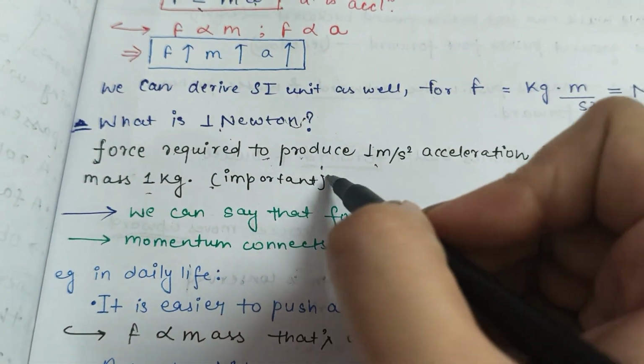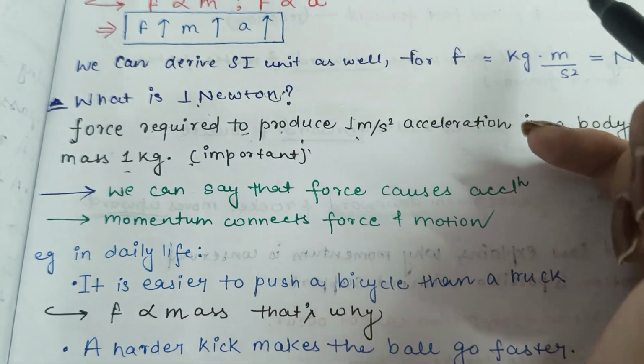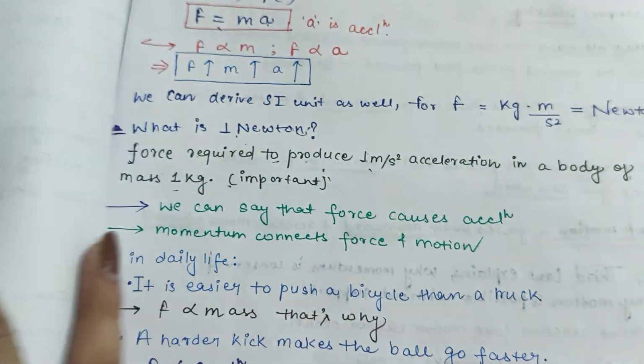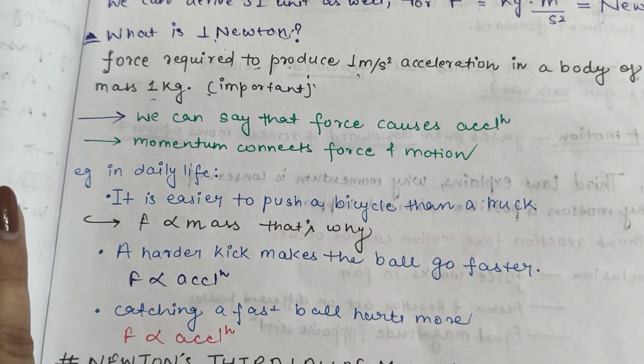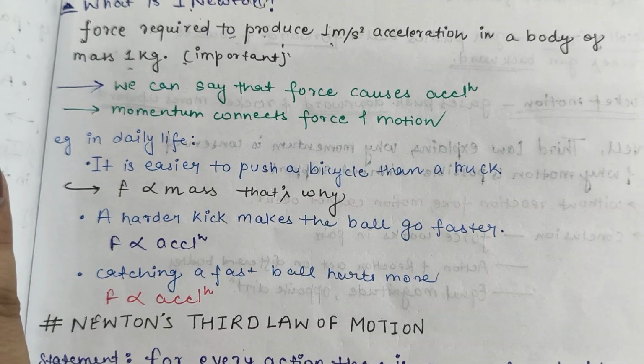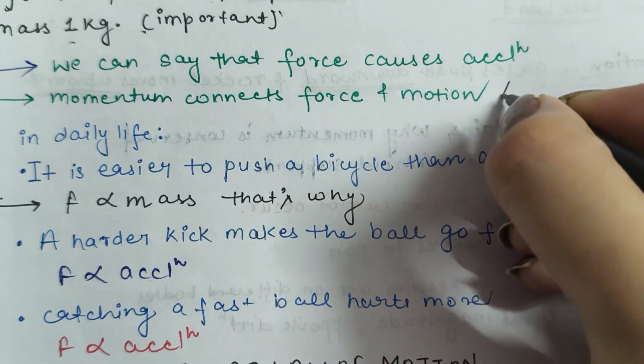And here you can understand how motion and force are connected to each other, and it's very important. So we can say that force causes acceleration and momentum connects force and motion.